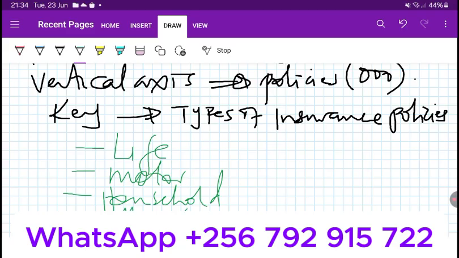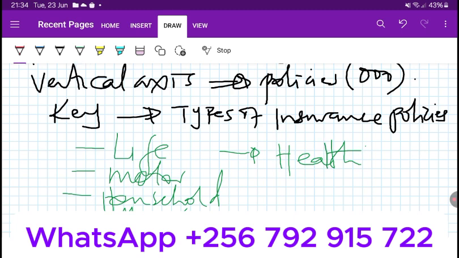Now, the question is, what if they had given us 5? Let's say they have also put health policy. The question is, on our horizontal axis, are these variables able to fit there?